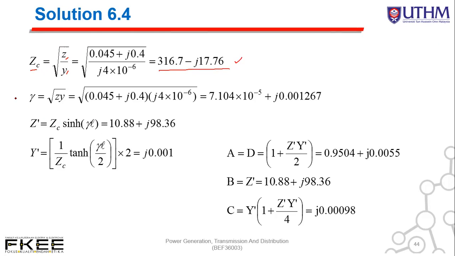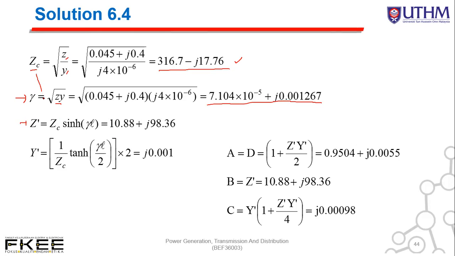Then we can calculate the propagation constant gamma equal to square root of ZY. So we get this value, 7.104 times 10 to the minus 5 plus j0.001267.